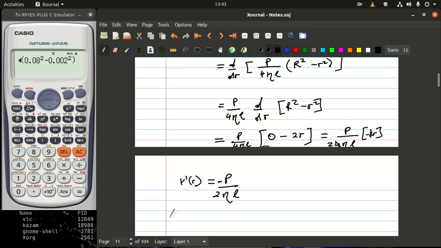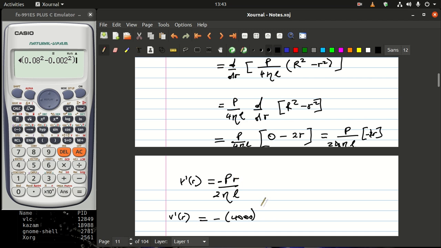And if you are looking now for v prime of r, you will actually find out that now we're actually having minus, instead of p, you have your 4,000, not 400. You have a 4,000. We also have this r here, I forgot it.